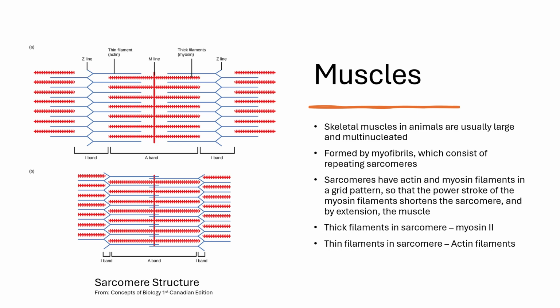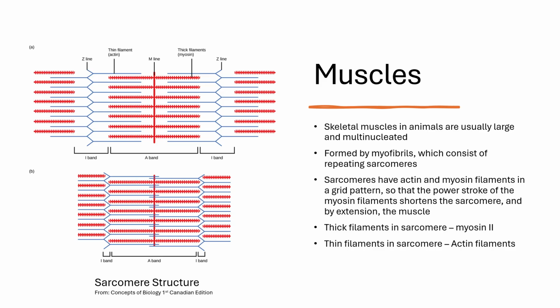So the mechanism by which myosin is moving on that actin: the calcium ion exposes the myosin binding sites on actin.